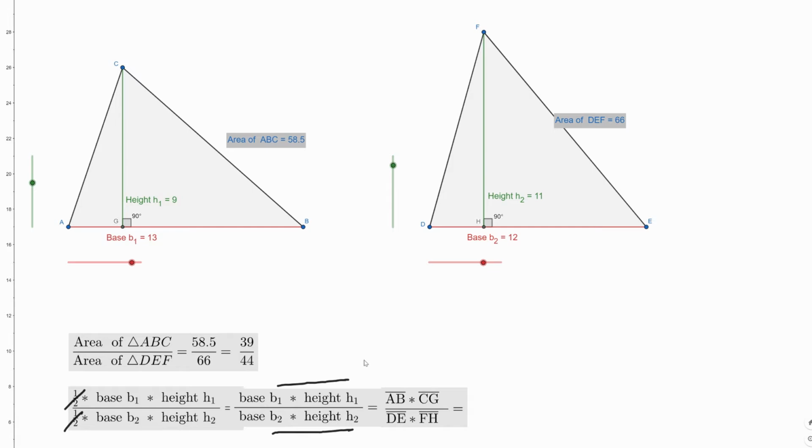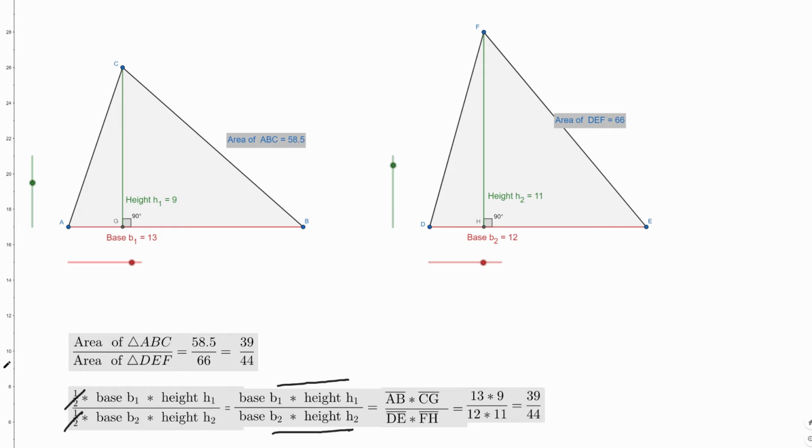The next thing that I am going to do now is I am going to replace all the four segments with its actual length. Segment AB is replaced by the actual value 30 and segment CG is replaced by its actual value 9, and same for the denominator. And now look at the ratio that I am getting. Now this is important.